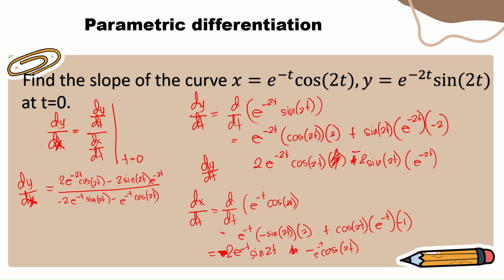But to get the slope of this function, we are going to evaluate it such that t is equal to 0.